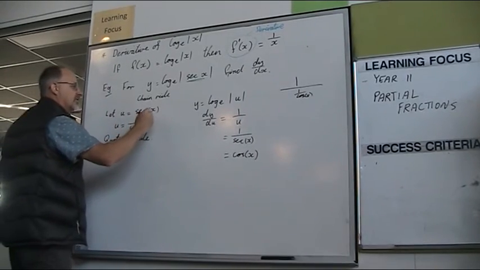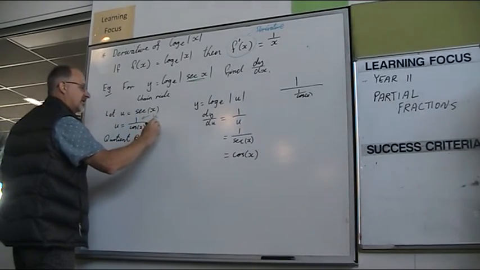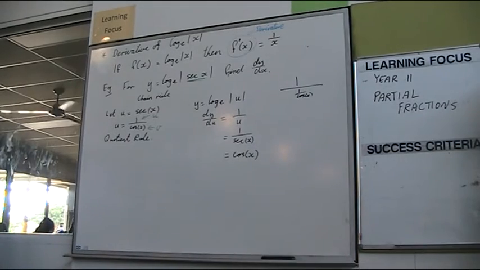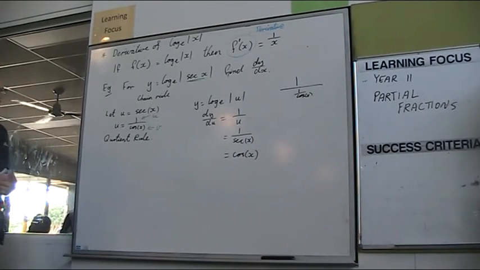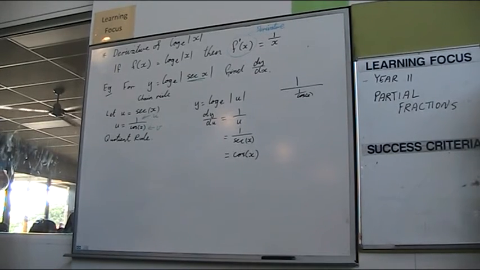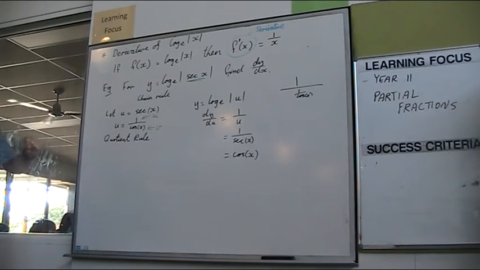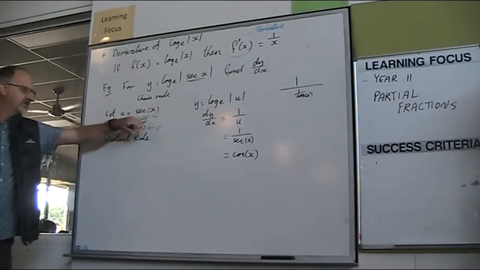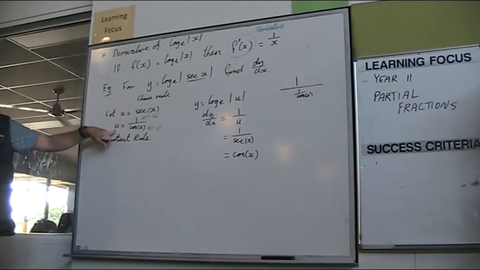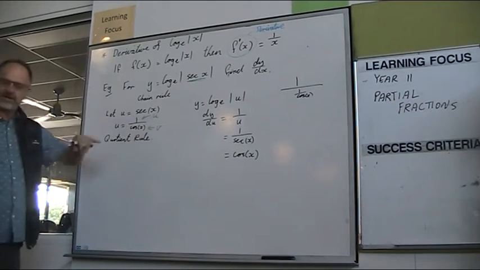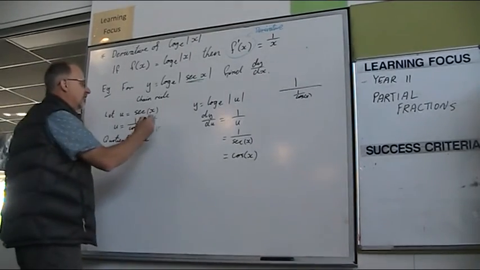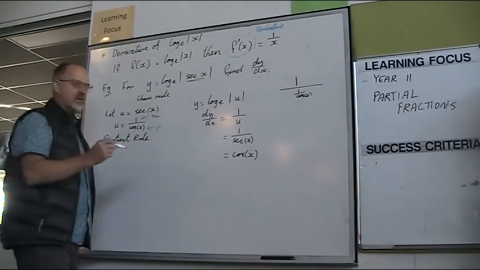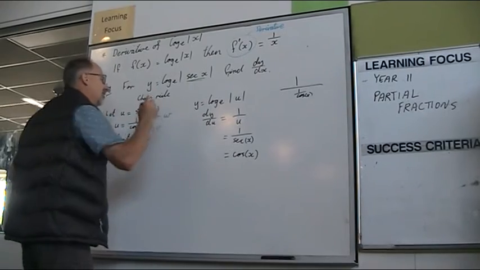Whatever's on the top is our u, whatever's on the bottom is our v. Let me use some other letters, because I don't want to confuse this u and this u. Instead of that u, we're going to use a w. Great idea.